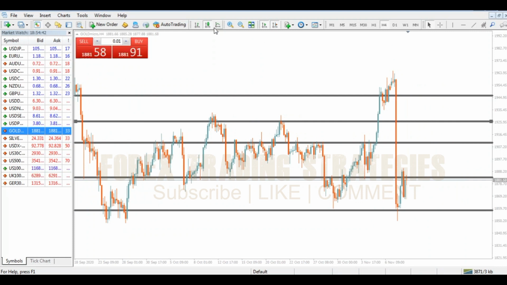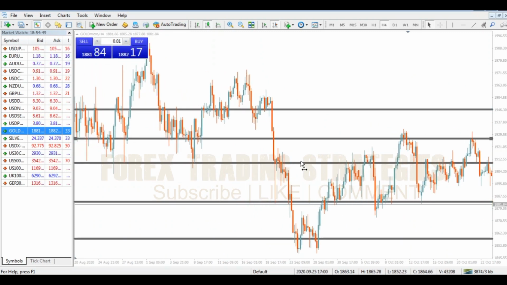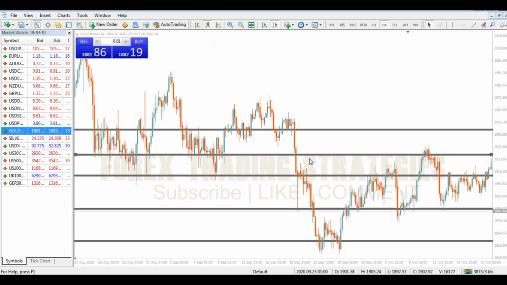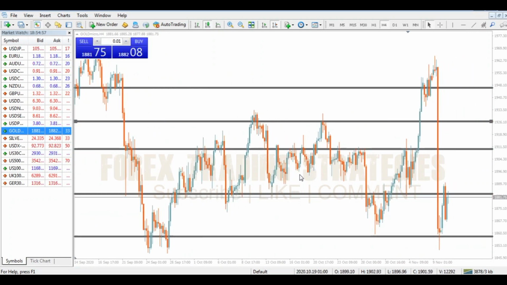Now, when you look at this, did you need a fancy indicator to tell you what price is doing, where the market is going? You can tell the market came here and it dropped down.